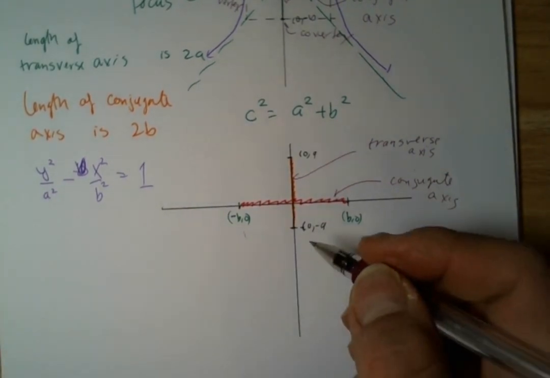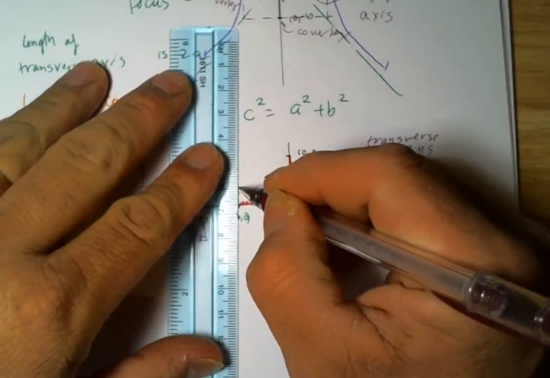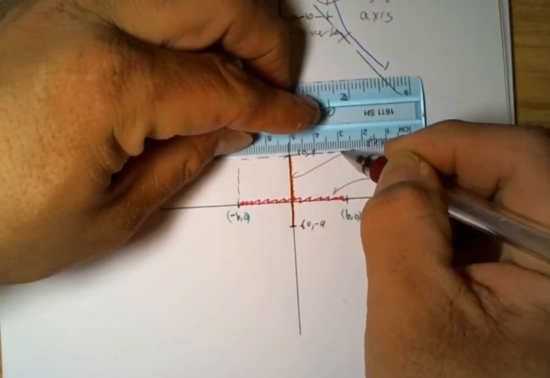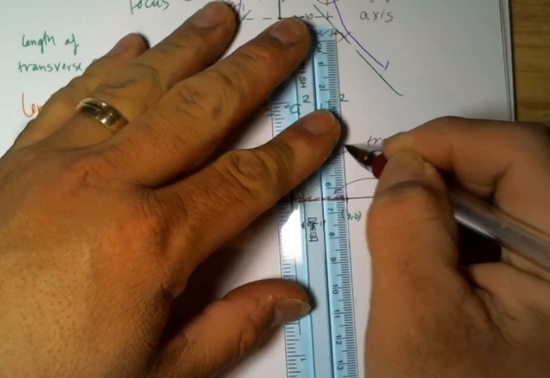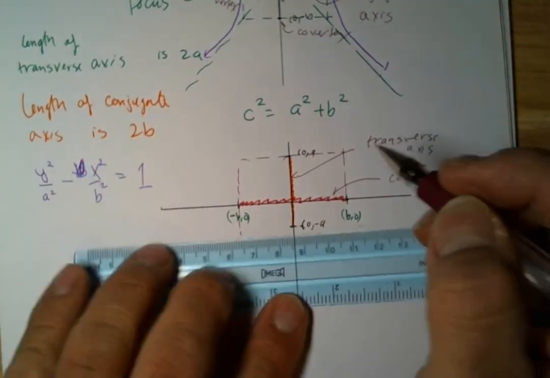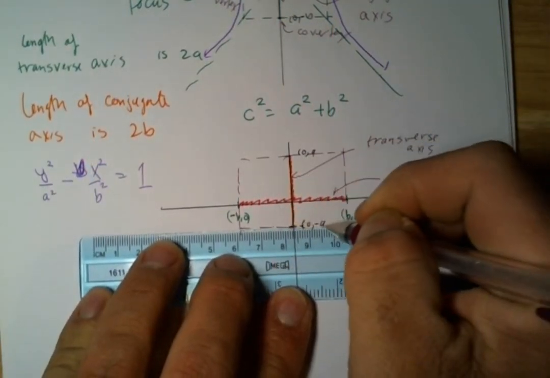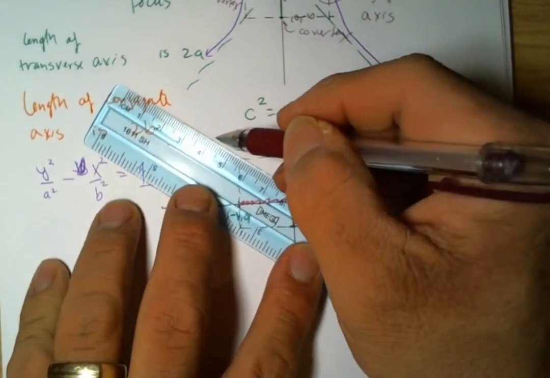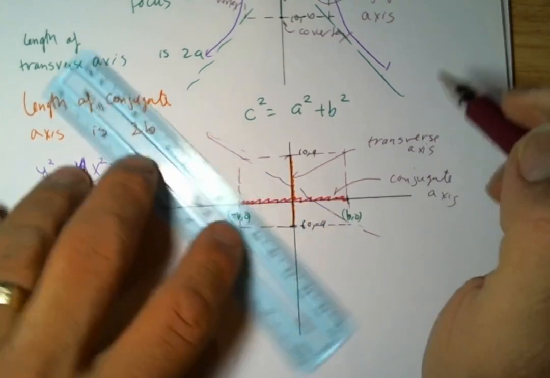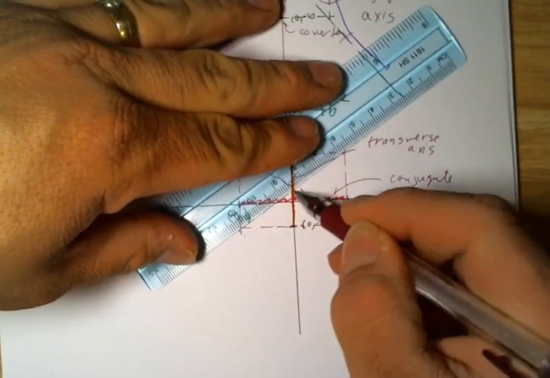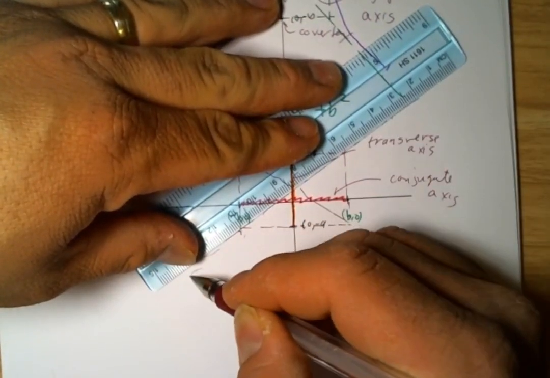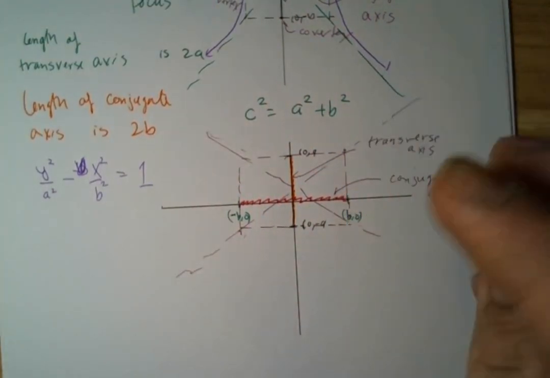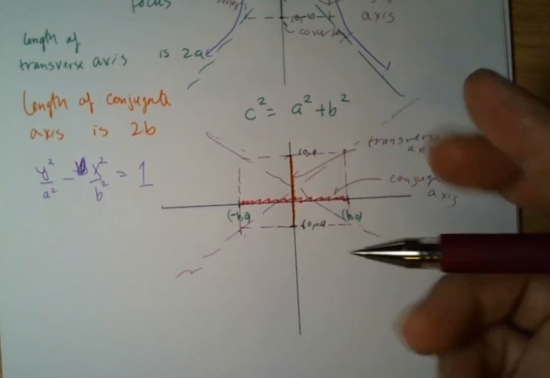Now we can draw our rectangle here, where the diagonals are our asymptotes. Now here we do switch around the y.